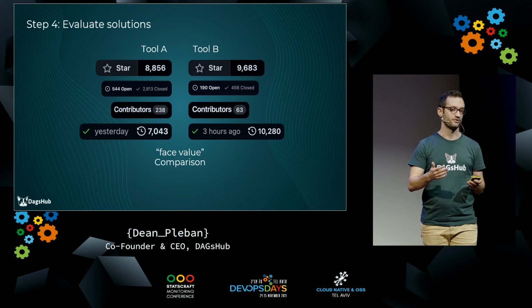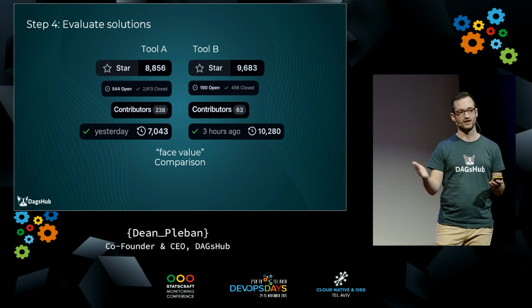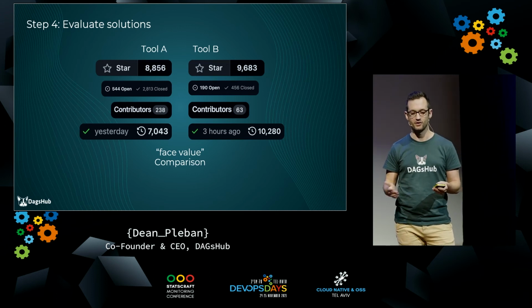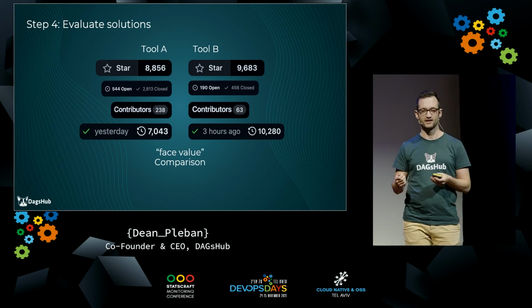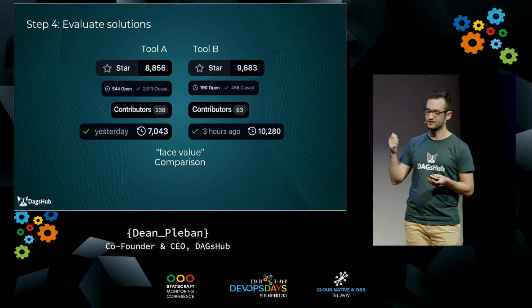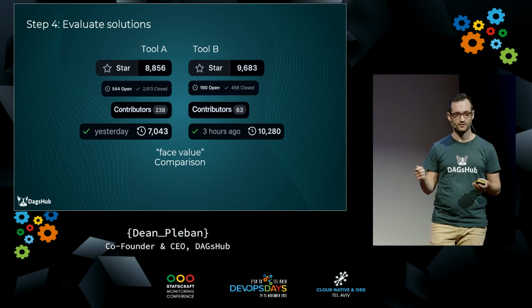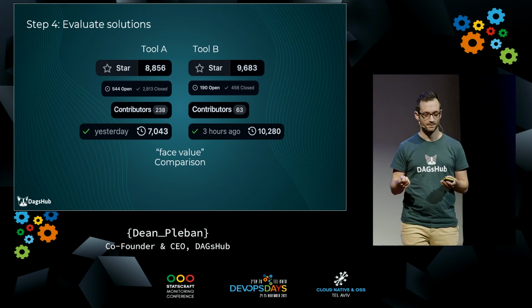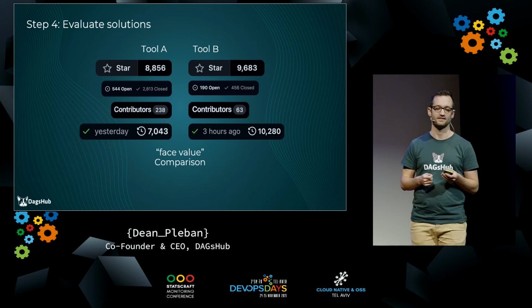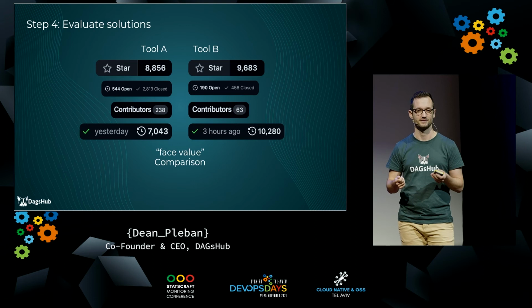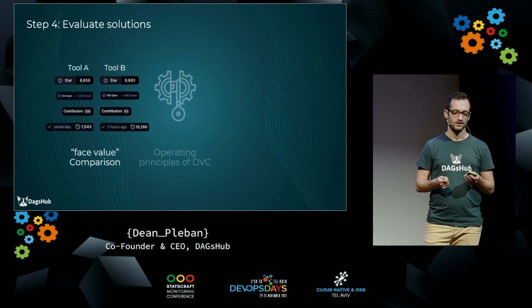When you look at issues, are there many unanswered issues? Is there an issue that was open 4 months ago and no one responded to? And so when you're looking at the face value comparison between these tools, the stars might paint one picture, but the other metrics might paint another. And that is many times counterintuitive, so I recommend looking at this in the pre-technical evaluation.